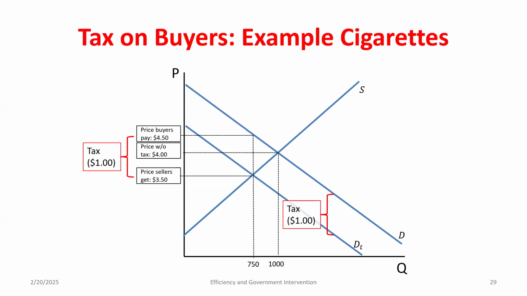But if I were to impose this on consumers, I'm not going to be shifting supply, right? Because if I impose a tax on consumers, what am I doing? I'm taking whatever their marginal benefit was before and I'm lowering it. So I'd actually get this decrease in demand, which is going to do what? Well, it's going to push the sticker price, the price that's paid in the store, lower.